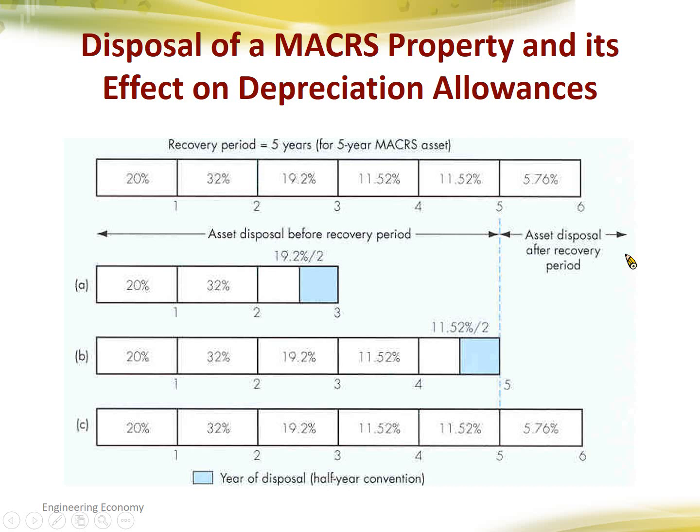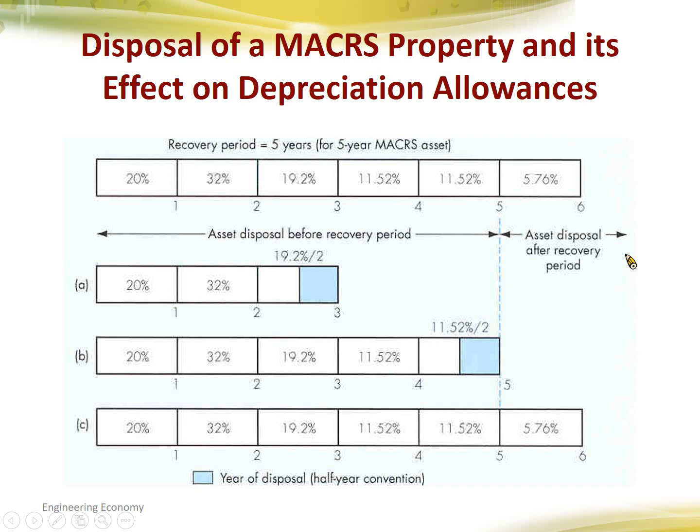But again, if the project life is shorter, for example, here the project life has only 3 years, so we take the first year, second year, and third year, which was supposed to be 19.2%, we take half of it. Okay?